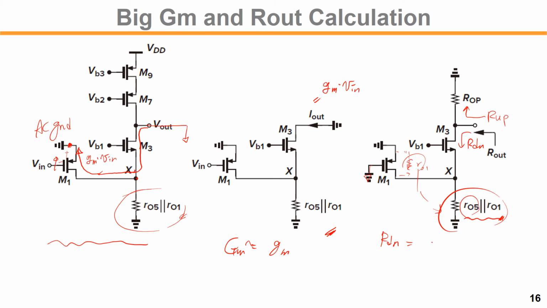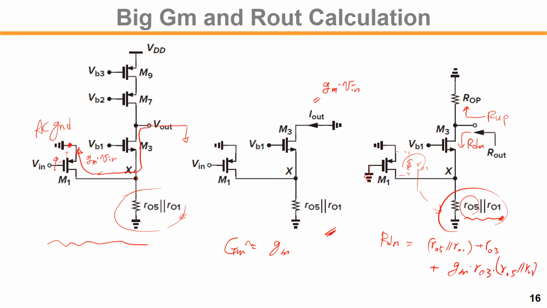That would be RO3 plus RO5 in parallel with RO1, plus 1 plus gm3 times RO3 times RO5 parallel RO1, right?